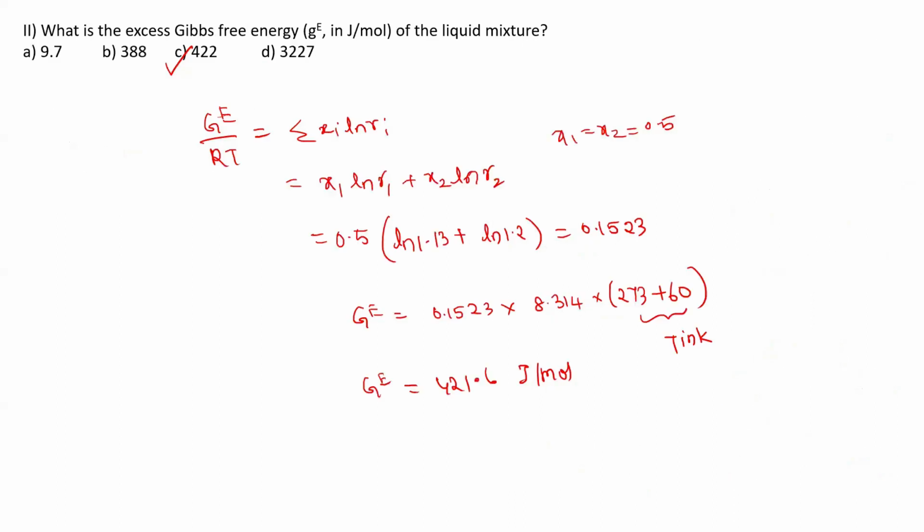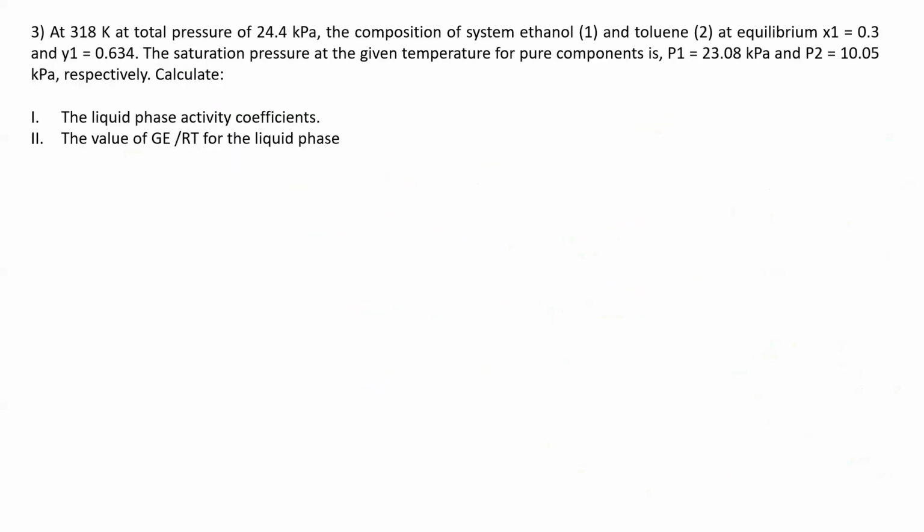Now, moving to the third question. At 318 Kelvin and at a total pressure of 24.4 kilopascal, the composition of the system, ethanol and toluene at equilibrium, x1 equals 0.3 and y1 is equal to 0.634. The saturation pressure at a given temperature for pure components is given.